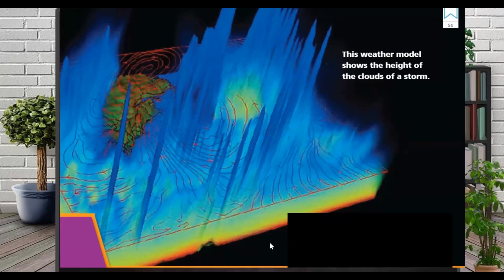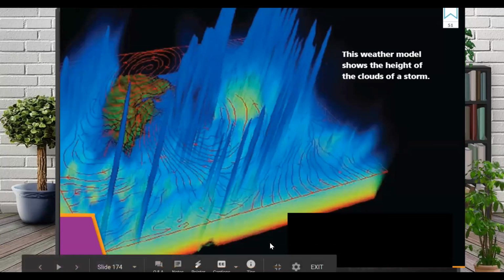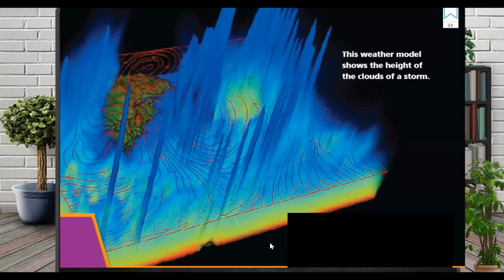Leanne is raising her hand. Leanne. I think it's a weather model. It's what? Computer? A computer model, I think. Yes, it's a computer model.